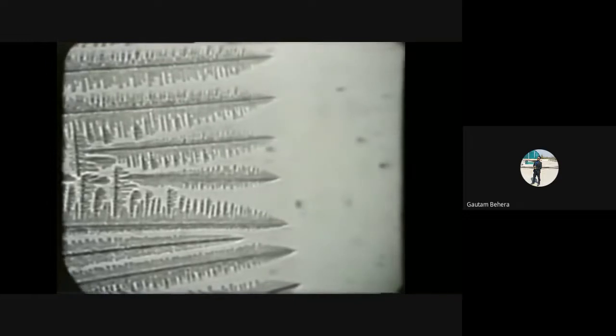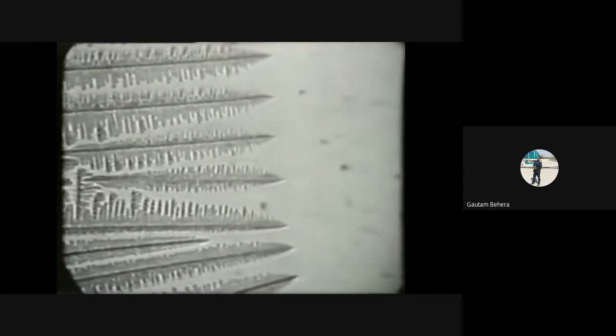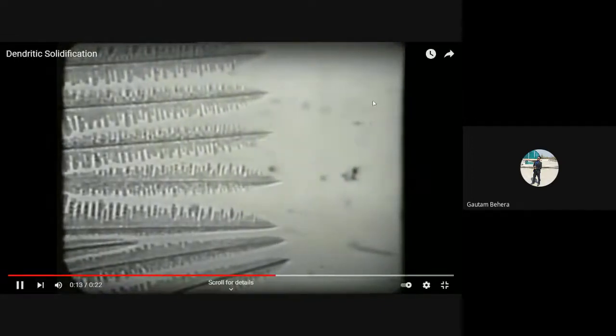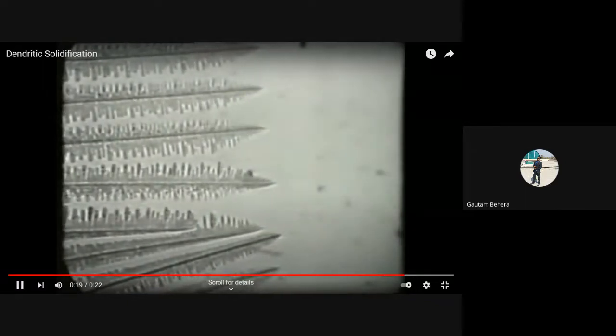This is a real image. So that means this part is liquid. This part is liquid. And the growth is happening in this particular preferential direction. And suppose I'm considering this one.